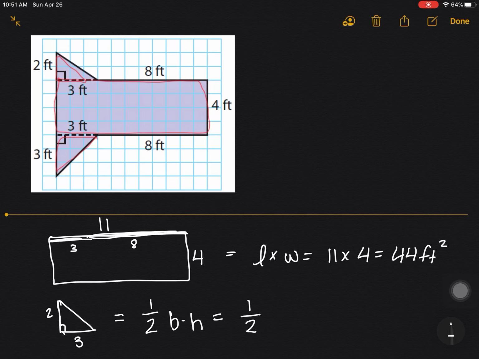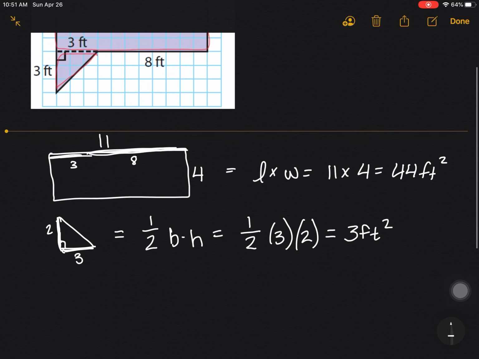So we can see here that our base is 3 and our height is 2. So when we calculate this out, and again, you're welcome to use a calculator here, when we do 1/2 times 3 times 2, we are given an answer of 3. So the area of that top triangle is going to be 3 feet squared.